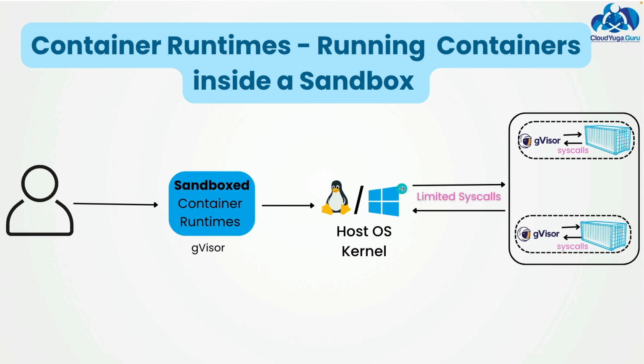So the host kernel only gets limited system calls, and that way gVisor plays an important role in controlling the privileged access from the container to our system. So our host system would never get privileged access from the container we are running there.